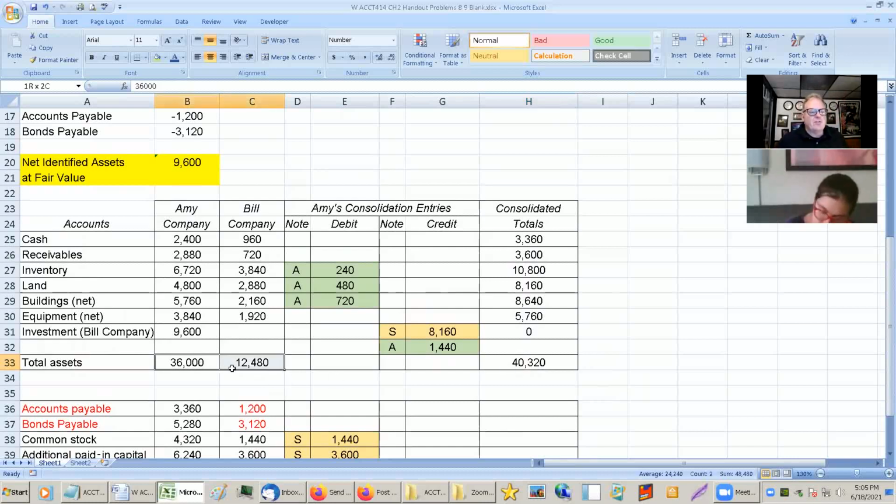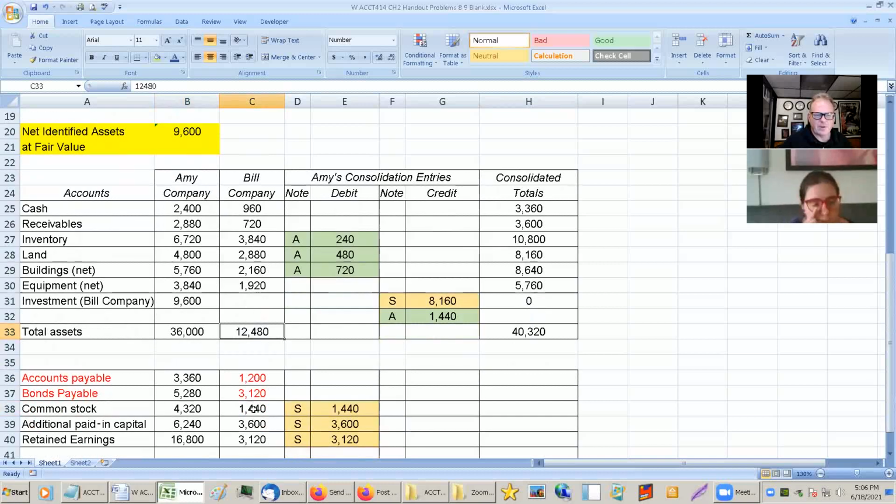And if you're wondering why these two don't add up to that, remember that the 9,600 is part of this. It really is the 3,600, and the stock is all at book value, so those are an equal wash.